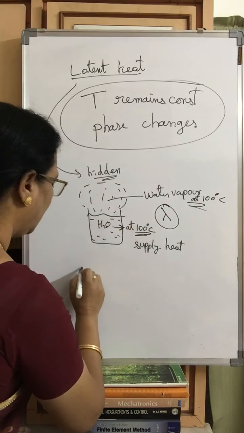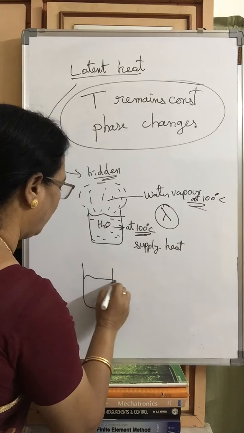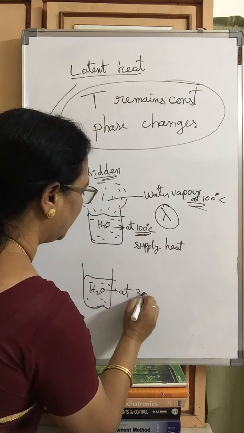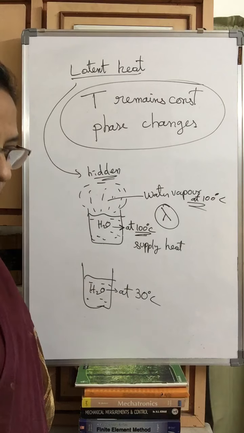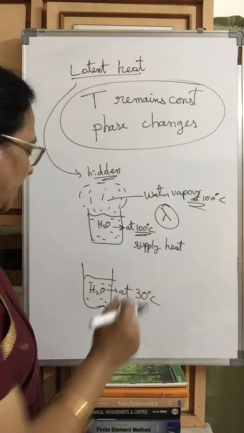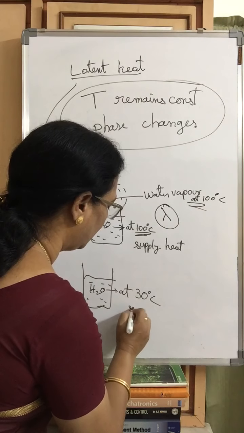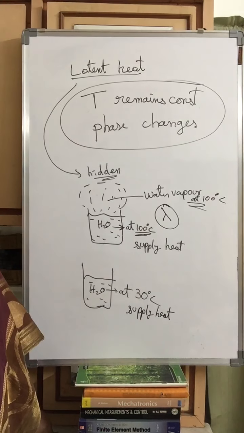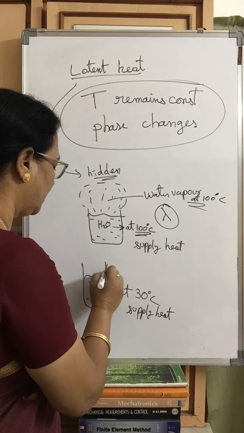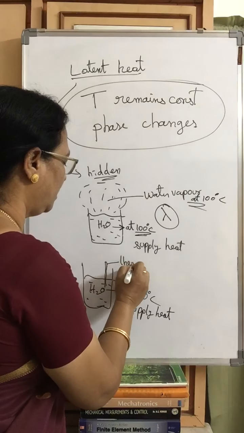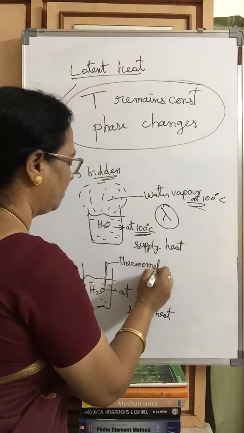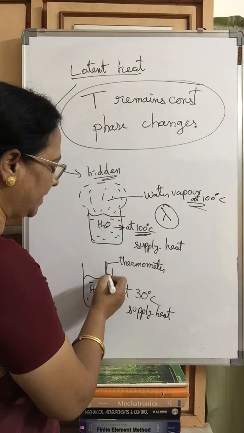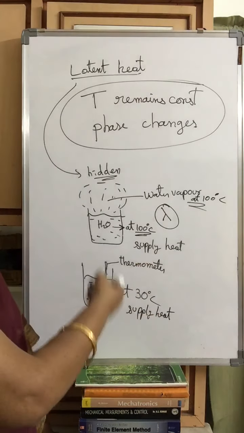Suppose you take another example of water at 30 degrees centigrade, that is, water at normal room temperature. Then supply heat. What happens? You keep a thermometer here. It shows a rise in temperature slowly because we are supplying heat.